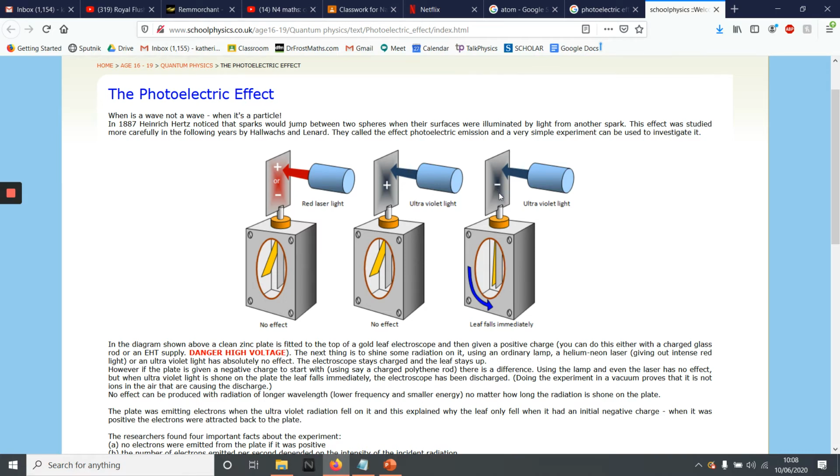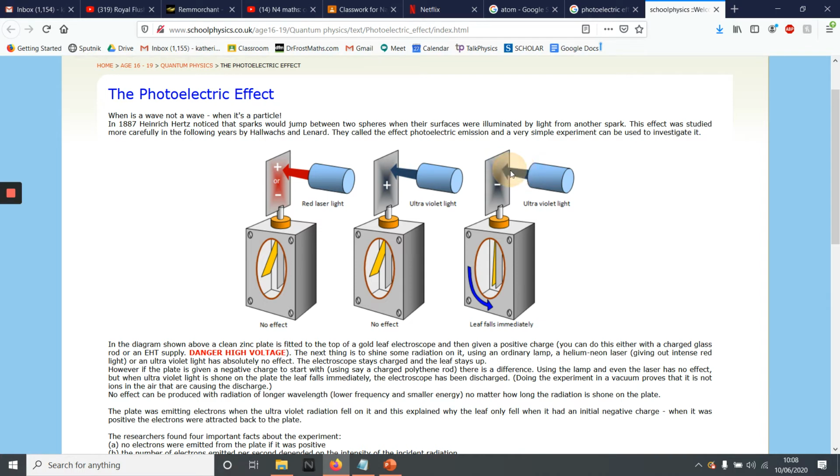Because when it's negatively charged, we have an excess of electrons here. You can think of it as a wee sea of electrons on this plate, let's say. When ultraviolet light comes in, the ultraviolet light has quite a lot of energy associated with it.